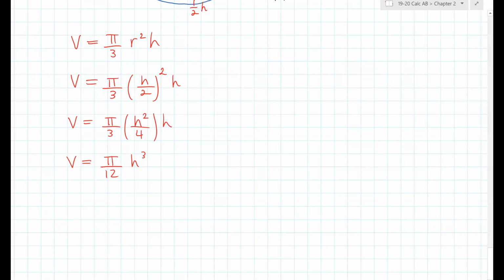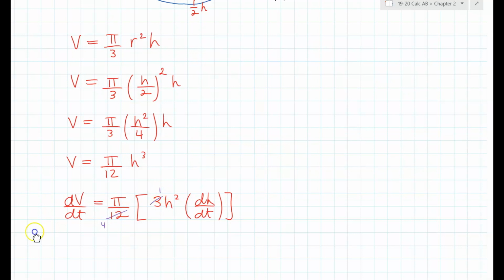Okay, now they want the rate of change of the height, so I'm going to have to take a derivative on both sides. So let's go ahead and do that. dV/dt is pi over 12 times 3h squared dh/dt. Now that 3 and the 12 will reduce. That'll be a 4, this will be a 1.